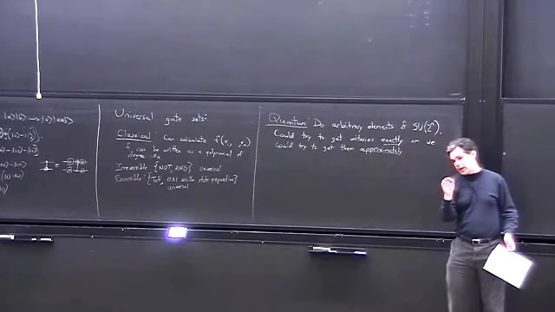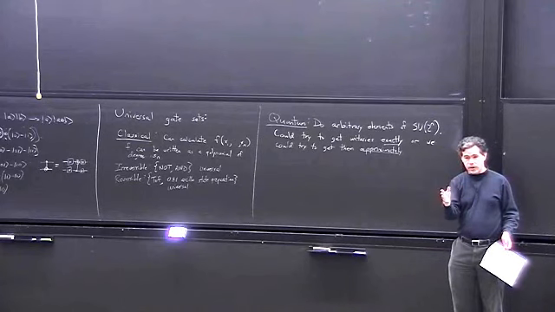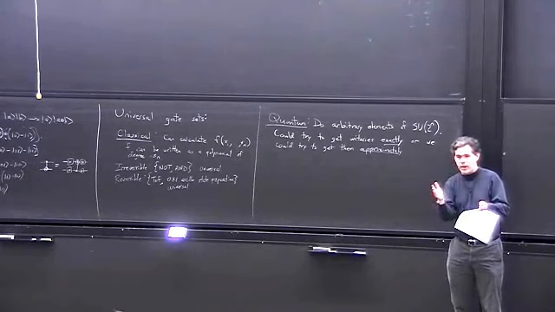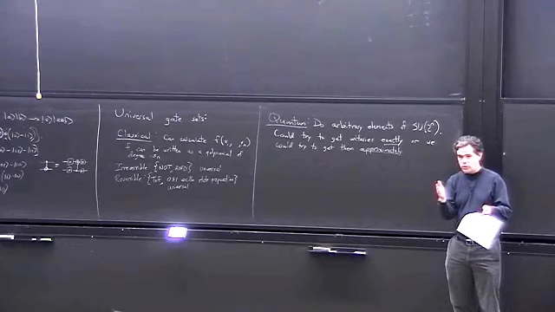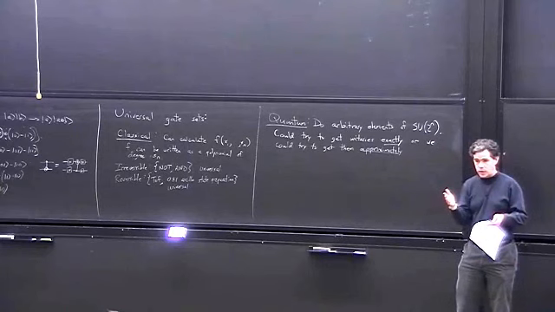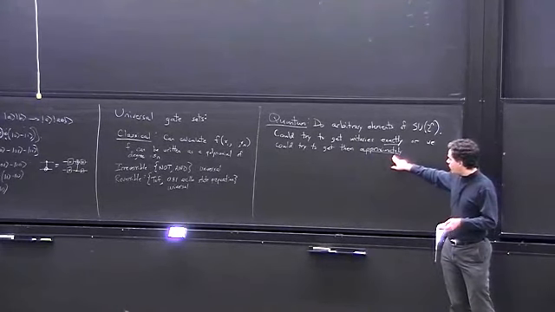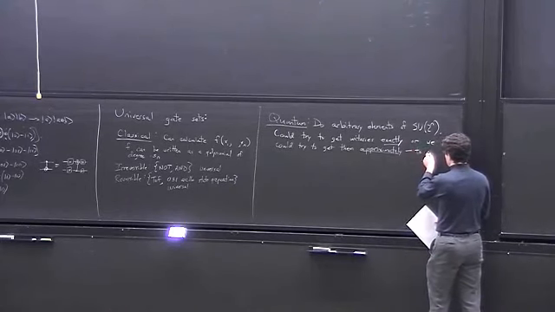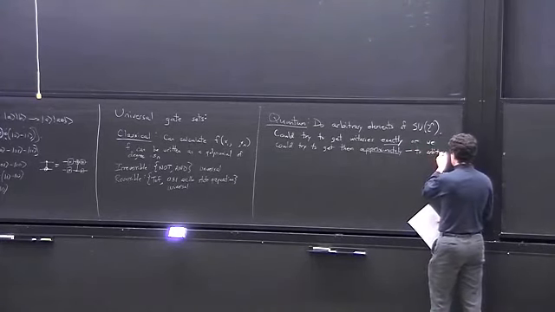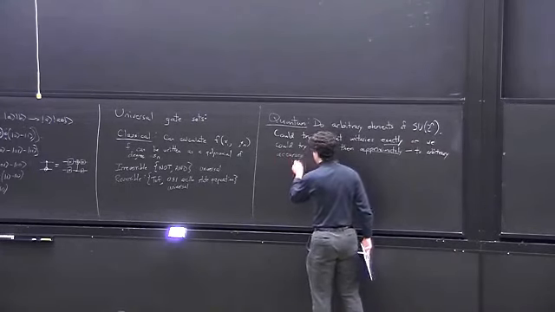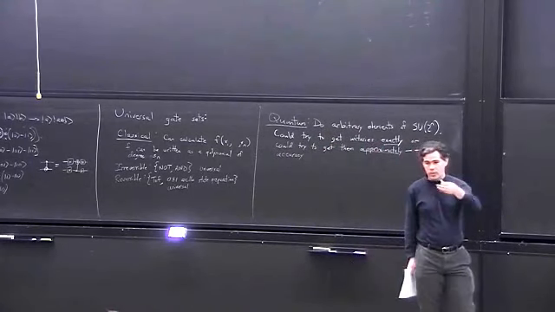But here's the thing: if it's off by some small angle theta, and you do it something like 1 over theta squared times, you might see the difference. But if you have the capability of doing it to arbitrary accuracy, then you can figure out how many gates am I going to do?